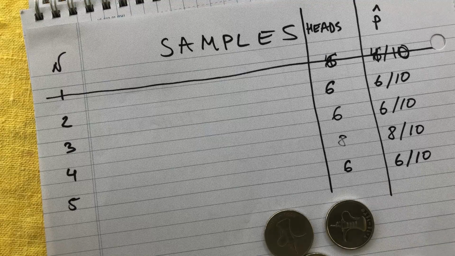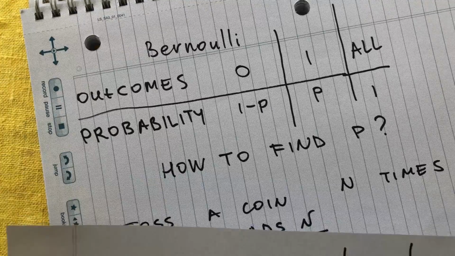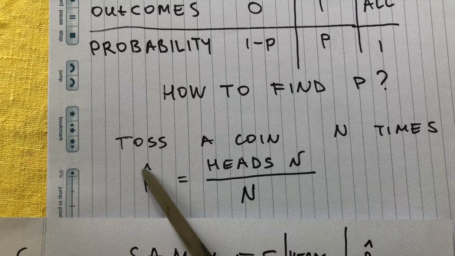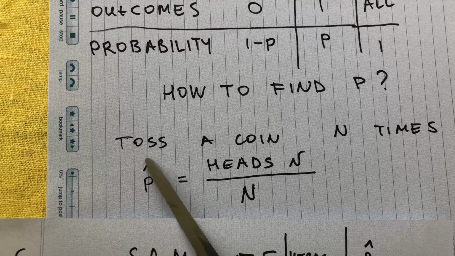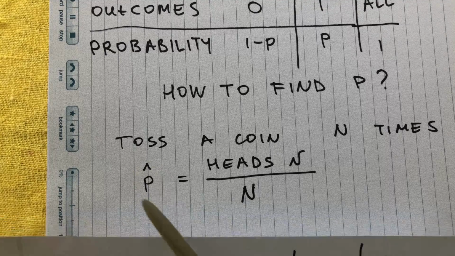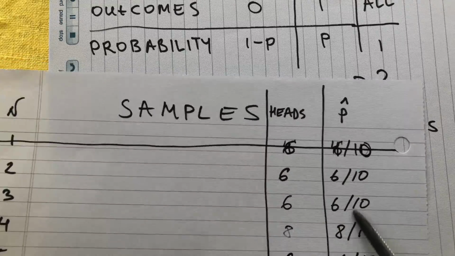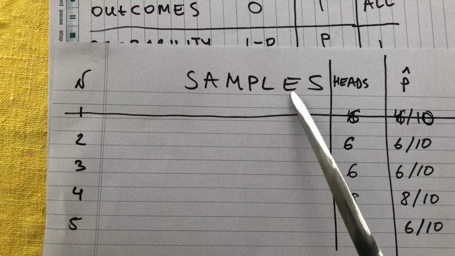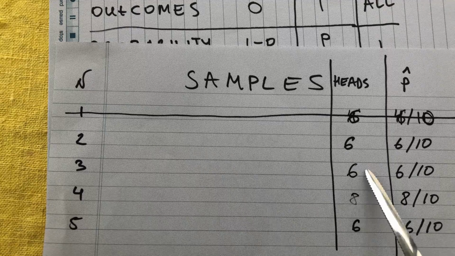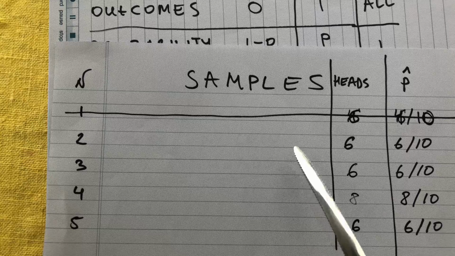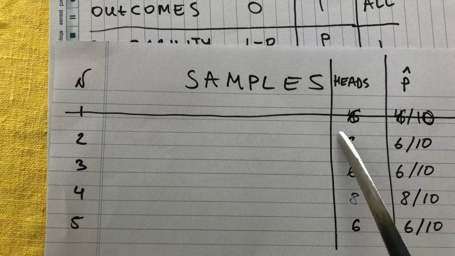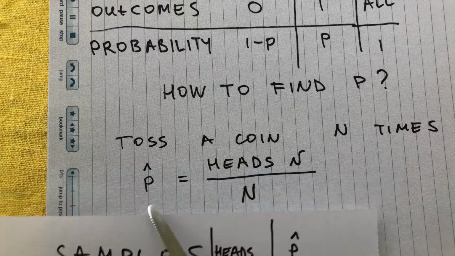What we're learning is that our estimate of the probability is a random number itself, and that random number will depend on the sample. In the first sample we got 6, in the second 6, in the third 8, and so on. In any given sample you can have a random number of heads showing up. That is very important.